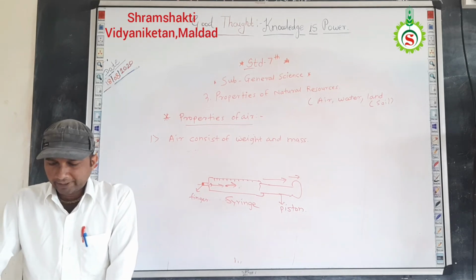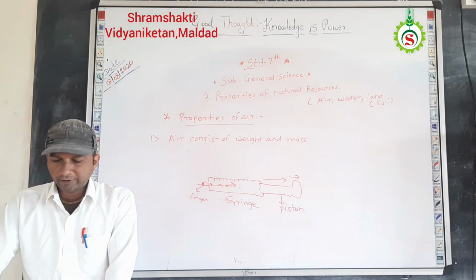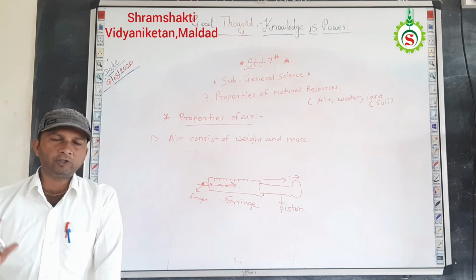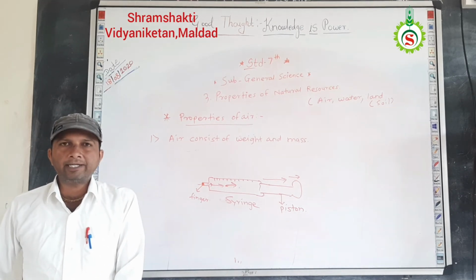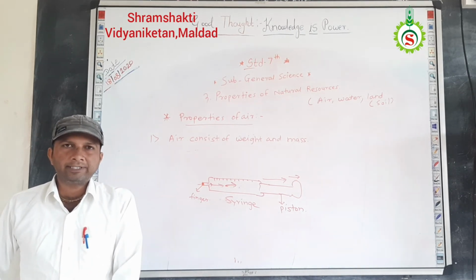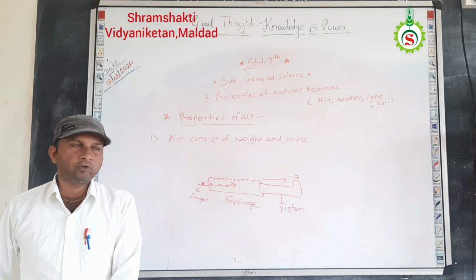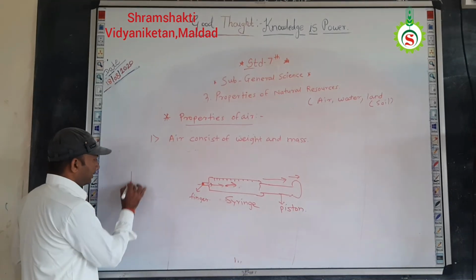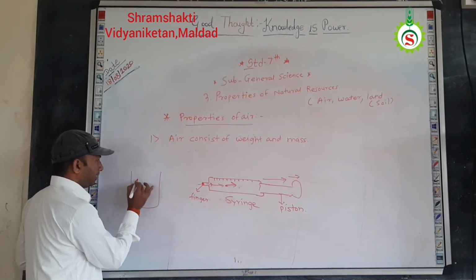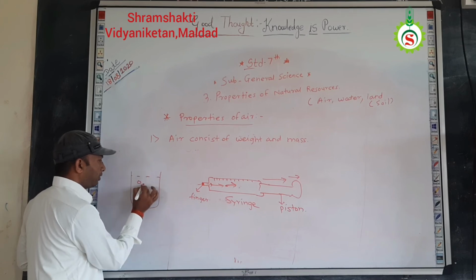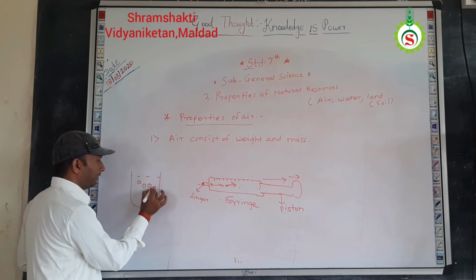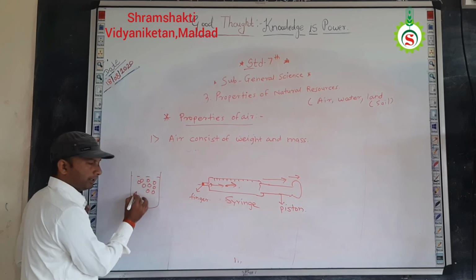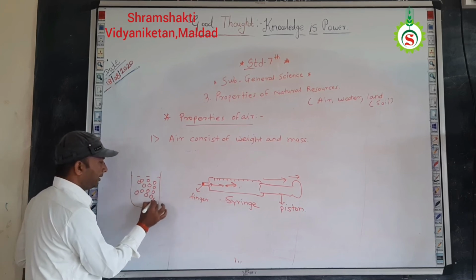The molecules of the gases in the air are in constant motion. All the molecules present in the air are in constant motion. That motion is called random motion. For example, there is one empty beaker. Inside that there are small molecules of air, but we are not able to see them.